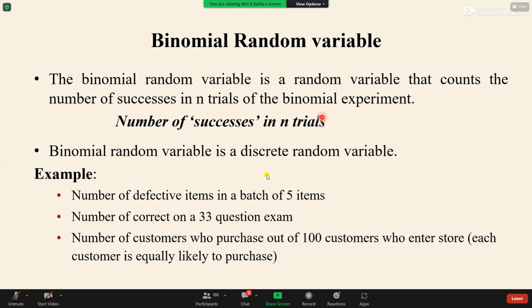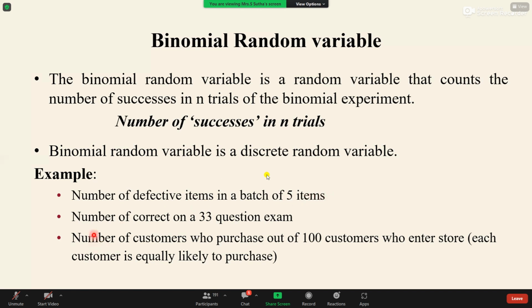And out of how many trials you are considering: if we are taking 5 trials, then there should be 5. Here you look at the number of successes. Here we are taking defective, so the number of defective items, in how many trials? 5 trials, in a batch of 5 items.